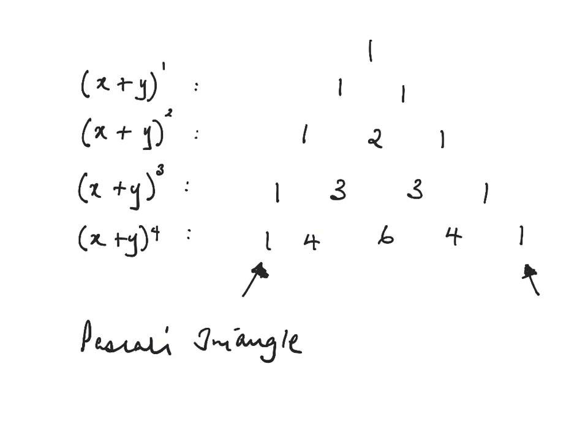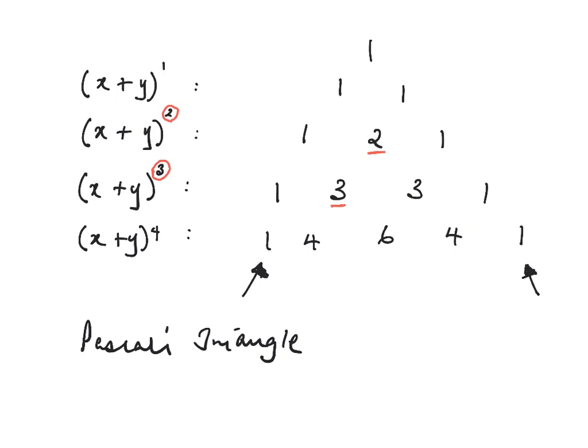Also notice as well that if it's a bracket to the power of 2 that we're expanding, then the second term in the line will be a 2. If the bracket has a power of 3, then the second term in the line will be 3.